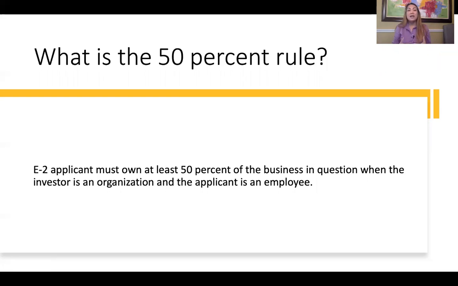Say it's a joint venture or a partnership and you form an organization: 50% of that must be owned by a US citizen, US national, or a US enterprise, and 50% must be owned by the E-2 applicant. So you cannot be lower than 50% in ownership.